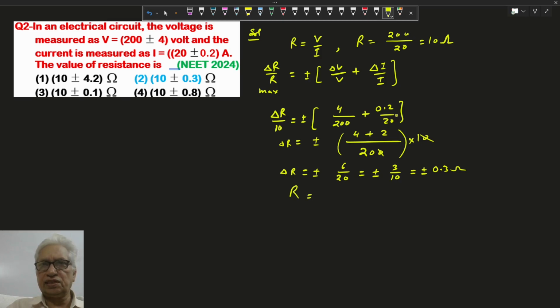Resistance can be written as 10 ohm with an error of 0.3. Here is the option.